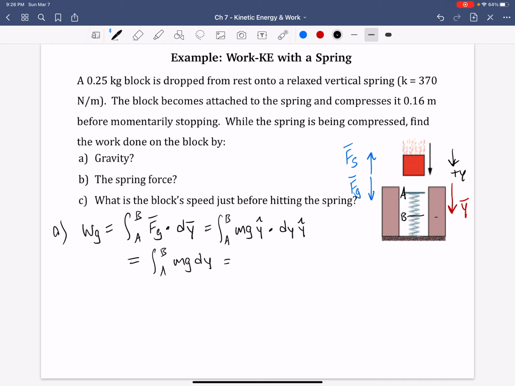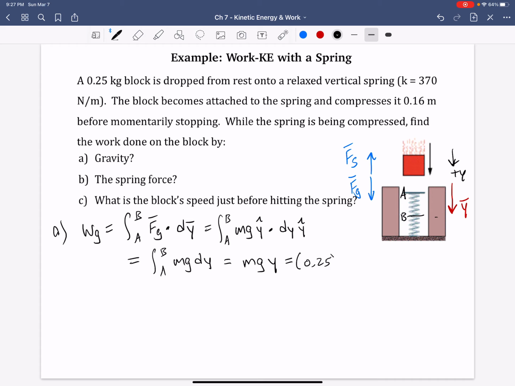Now it's just time to integrate, and we have mg times the maximum compression, y. And we know all of those values. The problem states a mass, a spring constant, and a maximum compression distance. So we're good to go.